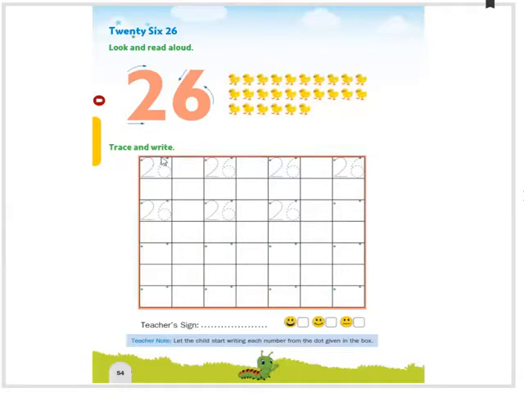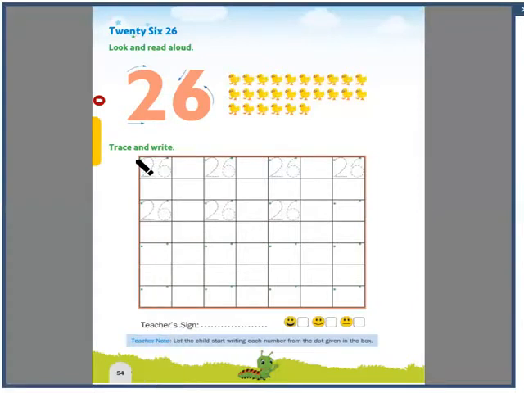Yes, here they have given a tracing session. As you all know, we have been doing this for many days. So pick your pencils. See, start at the green dot they have provided.